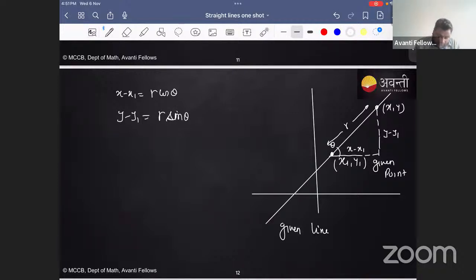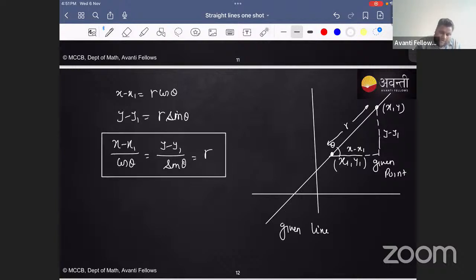So what is the equation of line? (x minus x1) upon cos theta is (y minus y1) upon sin theta is equal to r. This is the parametric form of a straight line. But yes, we never use this form to find the equation of a line. When do we use it?